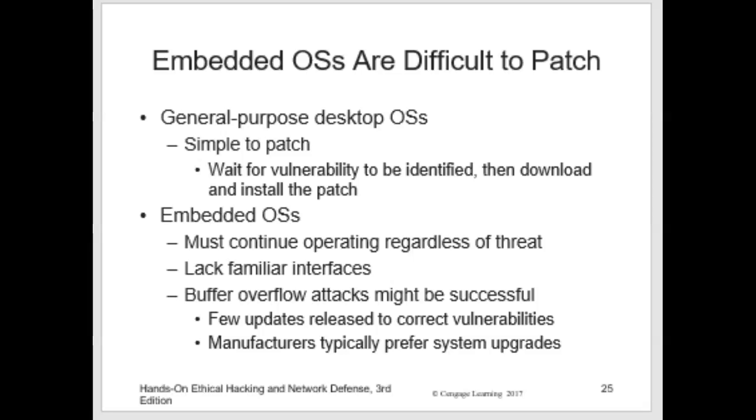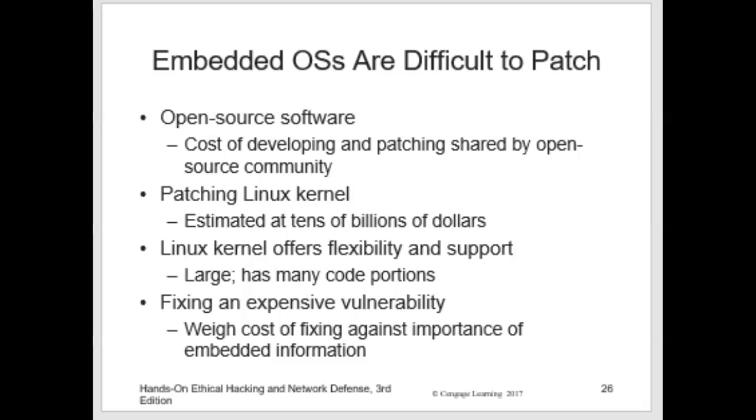They have to operate, particularly in critical systems like power distribution or air traffic control, or as we mentioned, medical life support. So embedded OSs are difficult to patch. And again, typically manufacturers prefer just to upgrade the whole system rather than the embedded OS. So they might not release updates even when vulnerabilities are discovered. Updating the embedded OS on some systems is difficult, so be prepared to explain the best course of action to your clients if this is an issue.